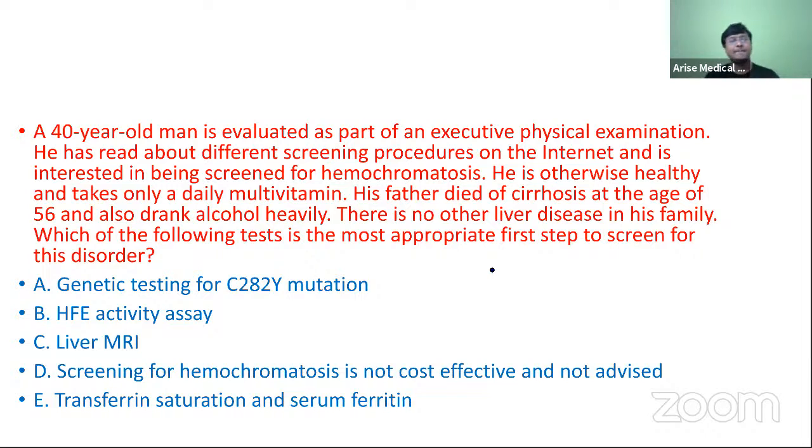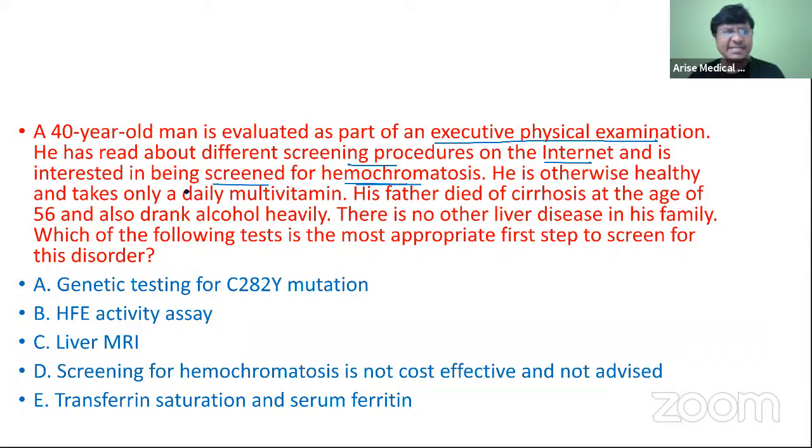A 40-year-old man is evaluated as part of an executive physical examination. He has read about different screening procedures on the internet and is interested in being screened for hemochromatosis. He wants to get checked for hemochromatosis.